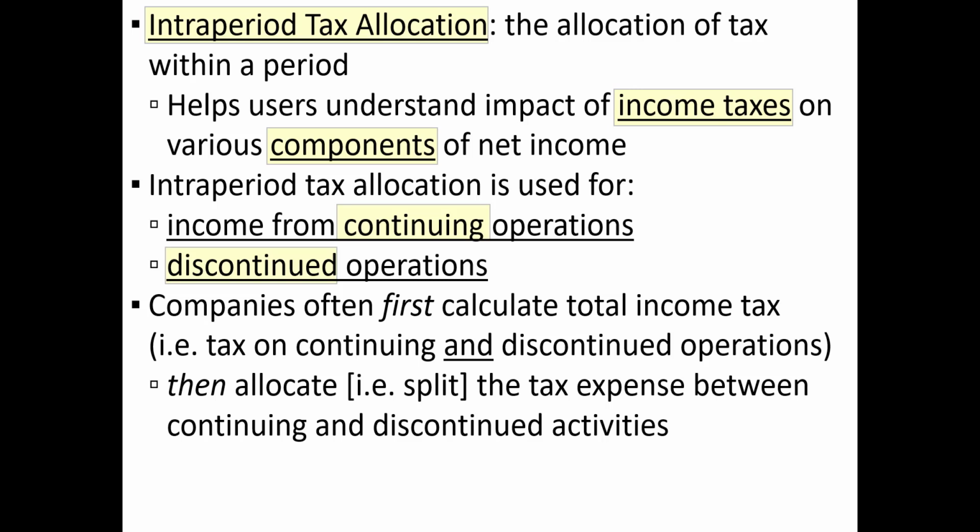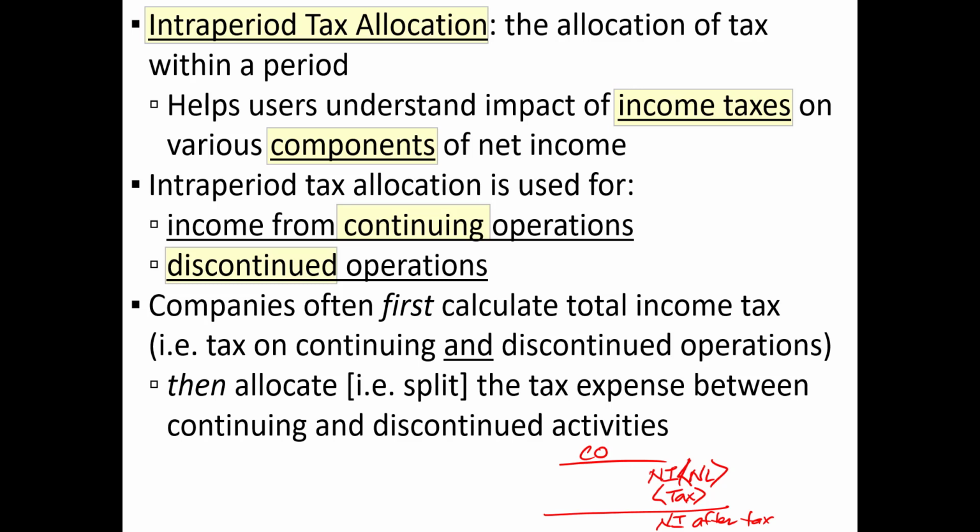What we're doing is taking the whole business, the whole company's activities, looking at whether or not it had any net income or any type of net loss before taxes, showing the tax effect, and then showing the net income after tax.